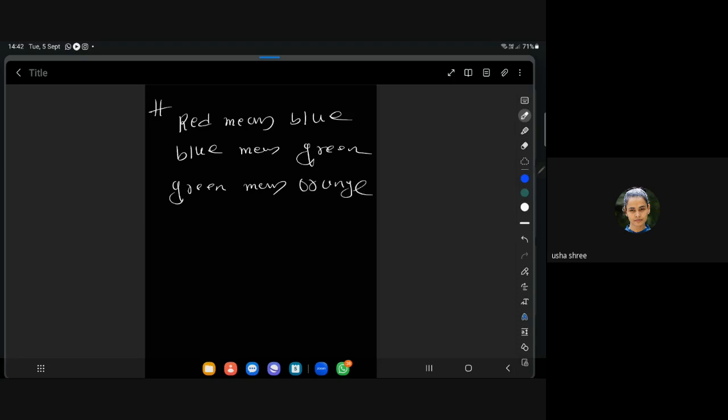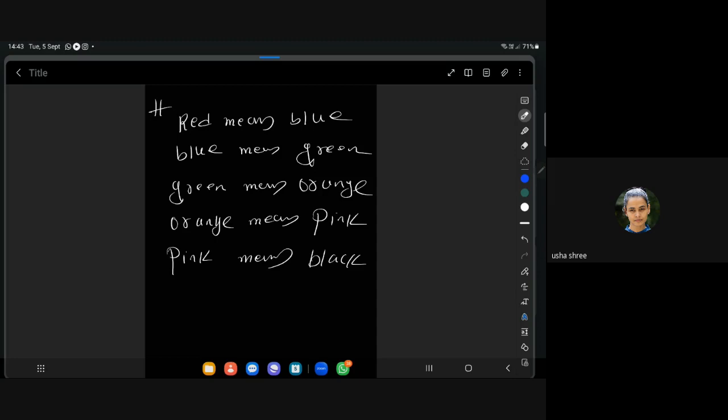Too much information will be given to you, but only two pieces of information will be useful for you. Orange means pink, and pink means black. See, so much information.